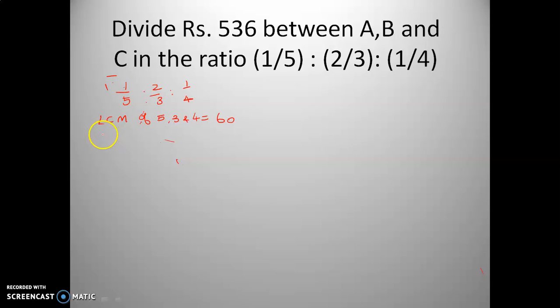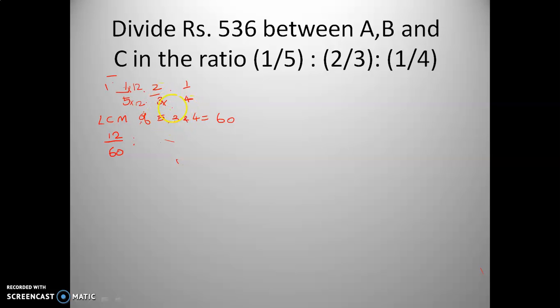Now convert them into fractions with the same denominator 60. So you have to multiply by 12 here, isn't it? So in the numerator also I have to multiply by 12. So we will have 12 divided by 60. Here what should I multiply by? 5 4s are 20.